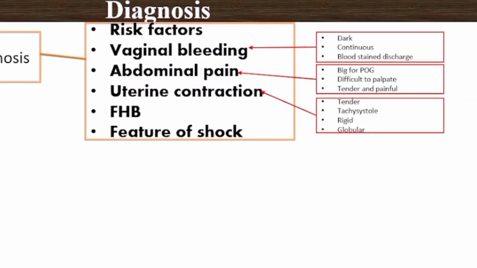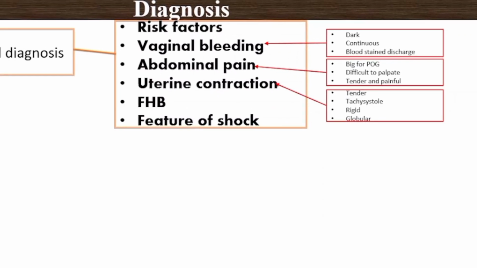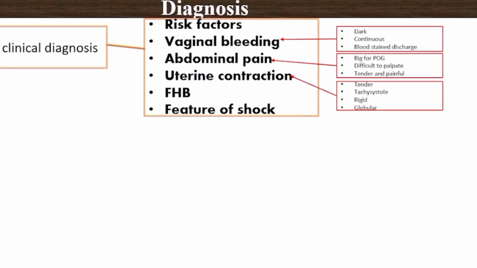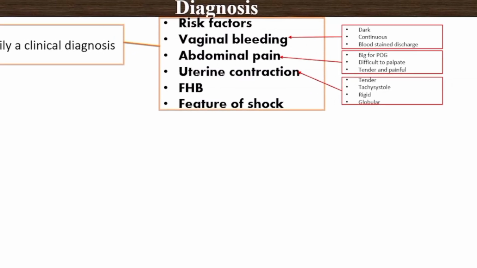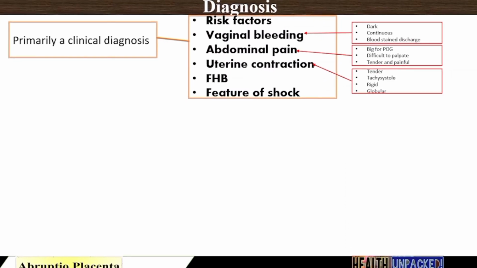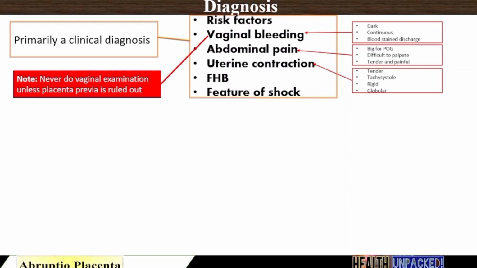Abdominal pain, or the abdomen big for gestational age, difficult to palpate, tender and painful, suggests features of abruptio placenta. Uterine contraction, so the uterus becomes tender, with tachysystole, rigid and globular. That also suggests abruptio placenta. Fetal heart rate will be abnormal, with features of shock.